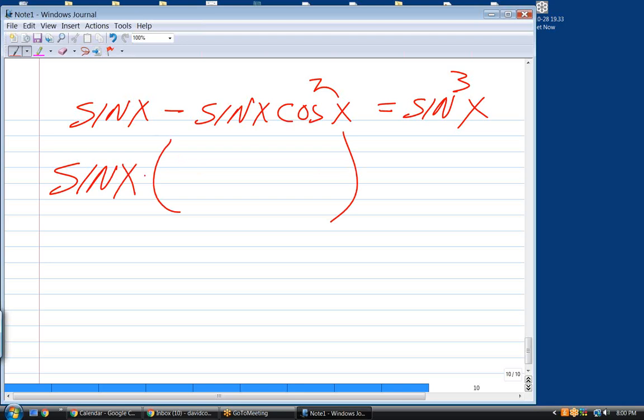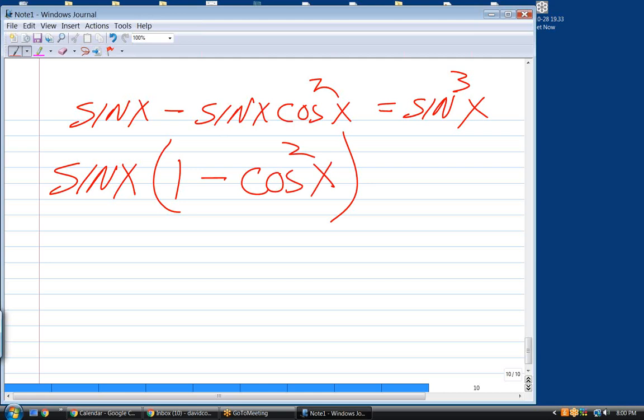Hold on. When you factor out something, you then divide that into each term, and whatever you're left with is what goes in the parentheses. Okay. So it's 1 there, because sine x divided by sine x is 1, minus cosine squared.